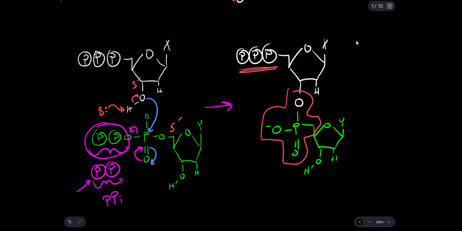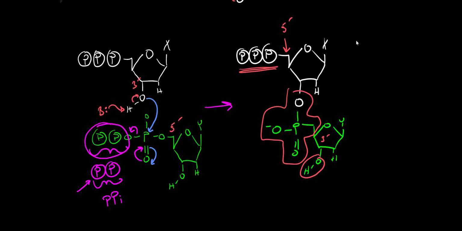The first nucleotide that's attached here still has a triphosphate on the 5' carbon. So here's our 5' carbon. So this now dimer of nucleic acids still has a 5' triphosphate. Additionally, and very importantly, it has a 3' hydroxyl group.